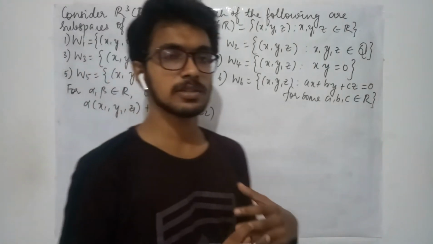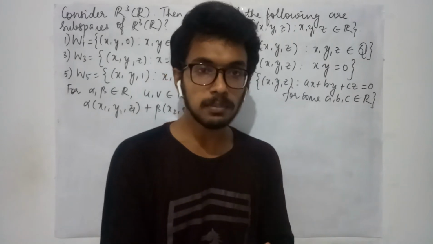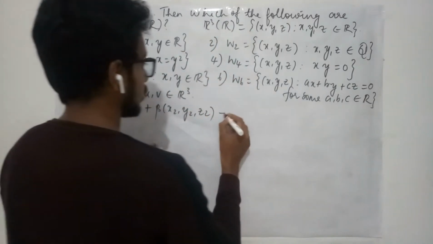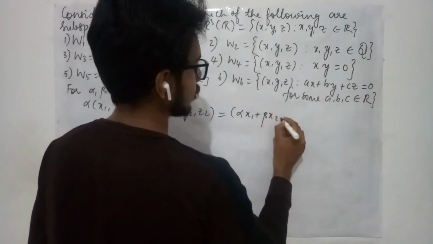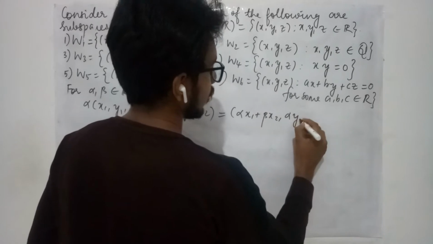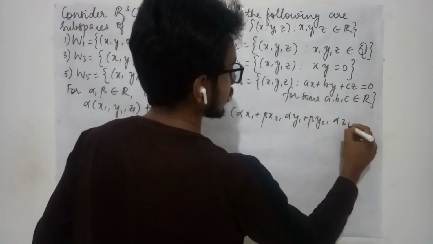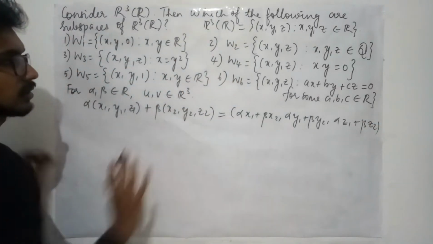Here they have not specified the vector addition and the scalar multiplication. It means the usual sense is considered. So it is going to be alpha x1 plus beta x2, alpha y1 plus beta y2, alpha z1 plus beta z2. So I have written this in a general sense.